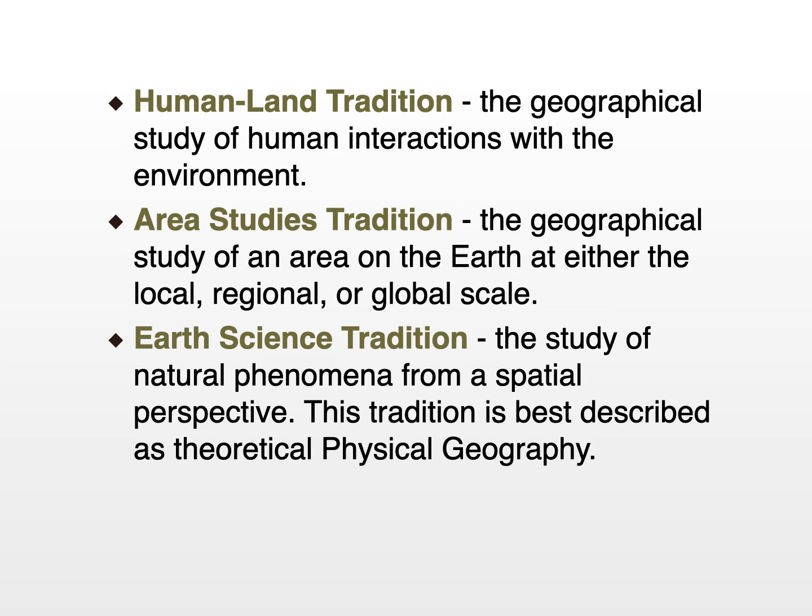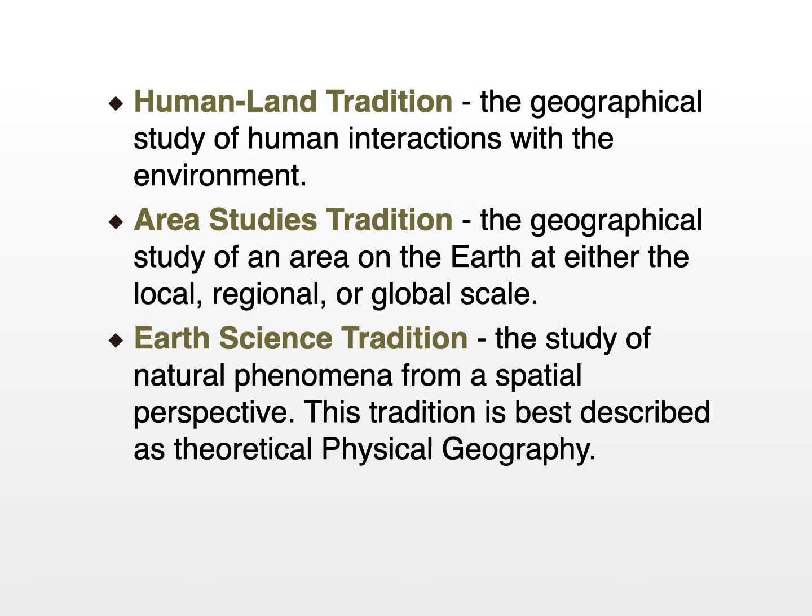The second tradition was called the human land tradition. Here, geographers study how humans interact with the environment from a geographical perspective. The third theme is called the area studies tradition.